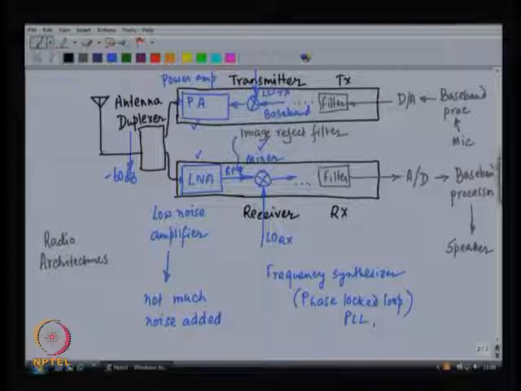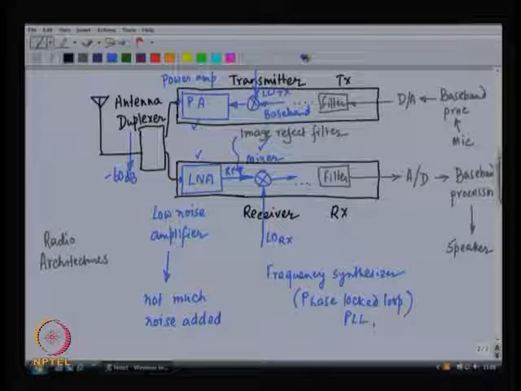On the transmit side, the last block, I need to blast as much power into the atmosphere as possible. So, I need something called a power amplifier, and right before the power amplifier there is probably going to be a mixer which will convert my low frequency signal to something at higher frequencies.